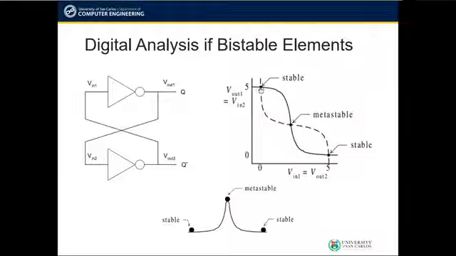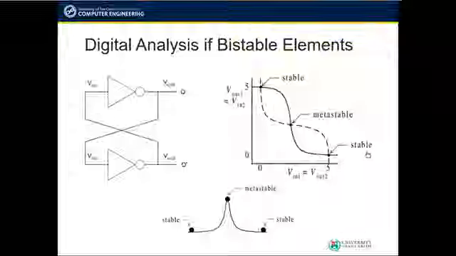When Vout1 or Vin2 decreases and approaches 0 volts, or logic 0, as shown by these graphs, it can be seen that the state passes through a metastable state, and that Vin1 and Vout2 approach 5 volts, or logic 1, which is also a stable state, and the circuit is also capable of holding this state indefinitely.